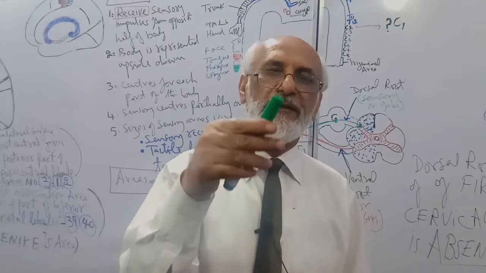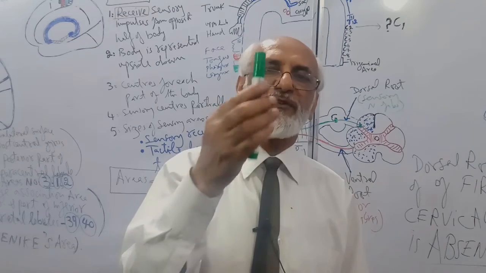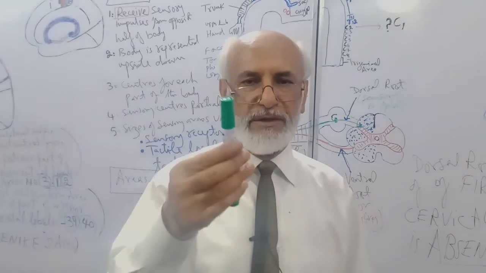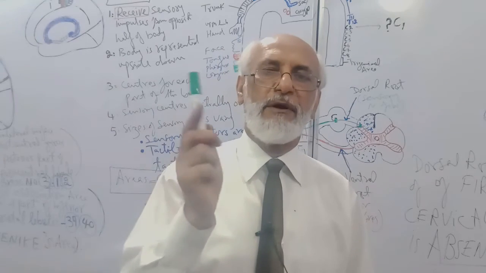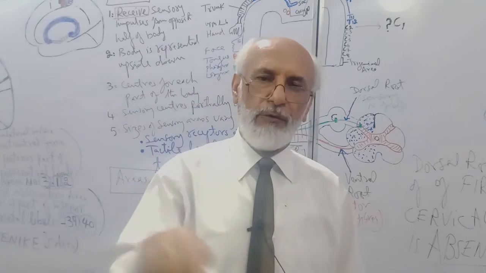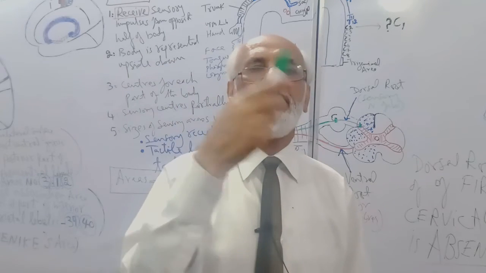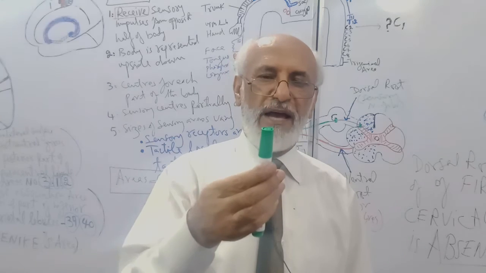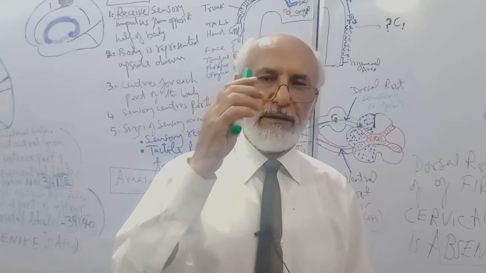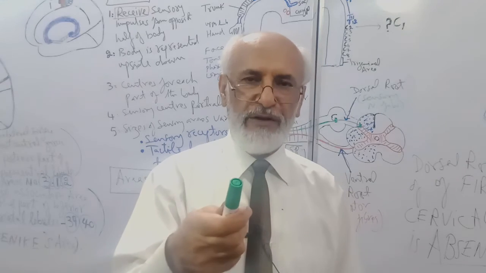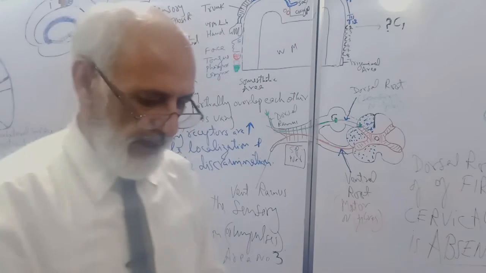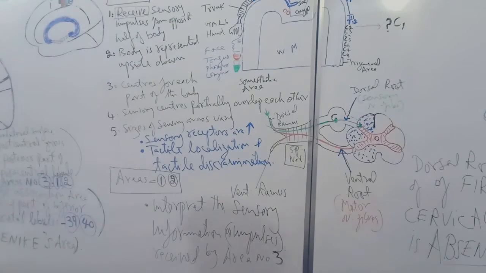So all this sensory information from this object, which is received by Brodmann cortical area number 3, is interpreted by area number 1 and 2, and they determine the further details of the sensory information: the size, the shape, the hardness or softness of this object. These details are determined by cortical area number 1 and 2.